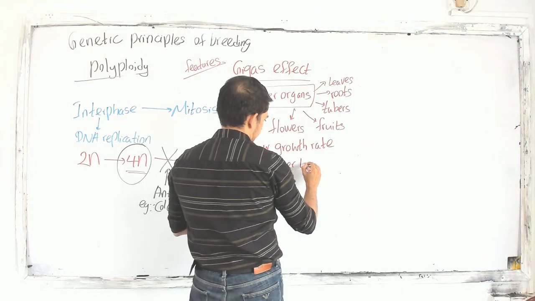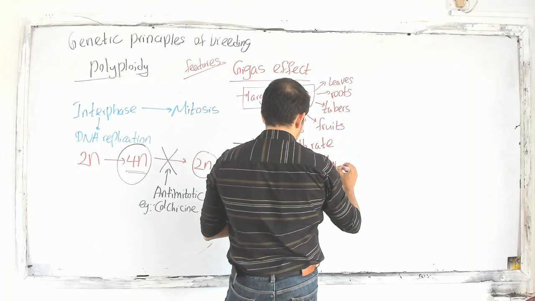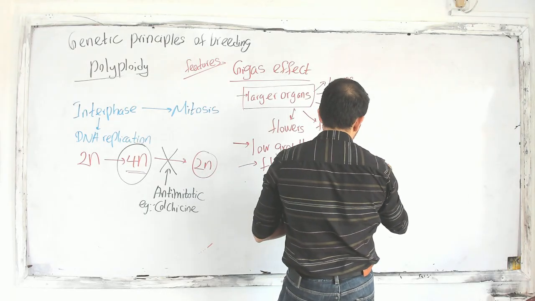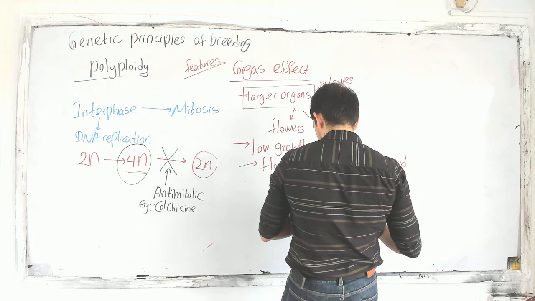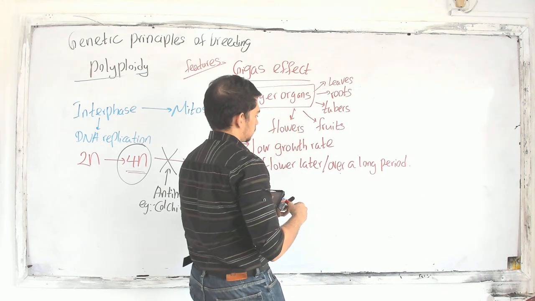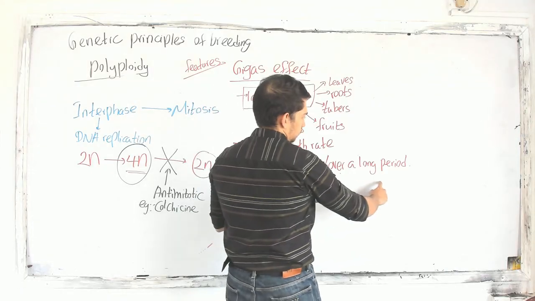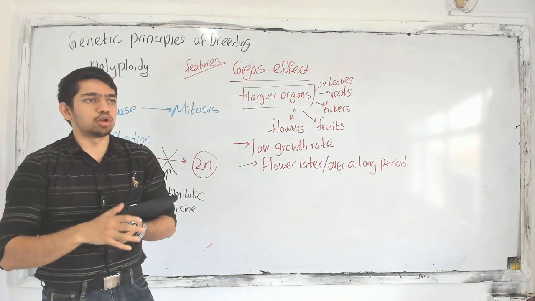Flower later, or over a long period. Polyploids. What is the benefit of flowering over a long period? That means the plant is producing flowers for a long duration.